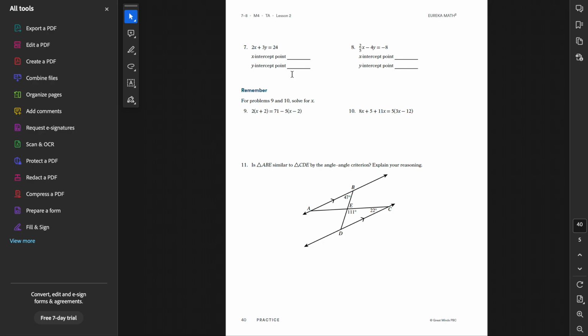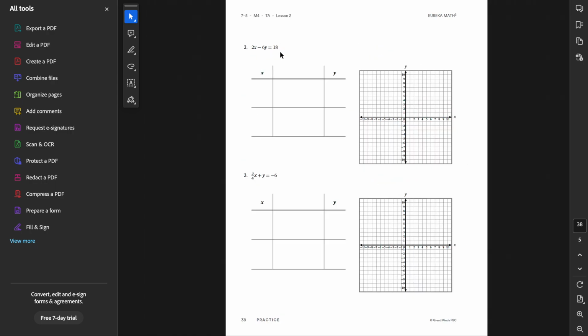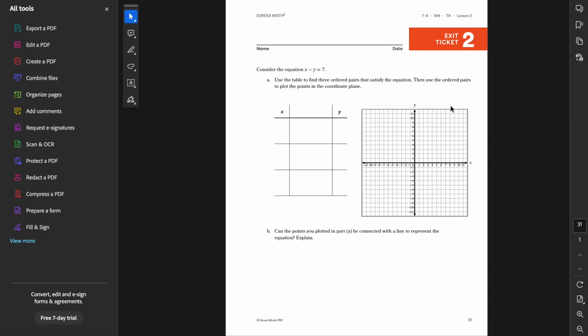And on page 40, you can graph them if you want, but if you're just putting 0 into the equation, you should be able to come up with your x and y intercept. So again, try workbook pages 37, 38, and 39, and then you're also going to do the exit ticket and turn that in today. Please let me know if you have any questions.